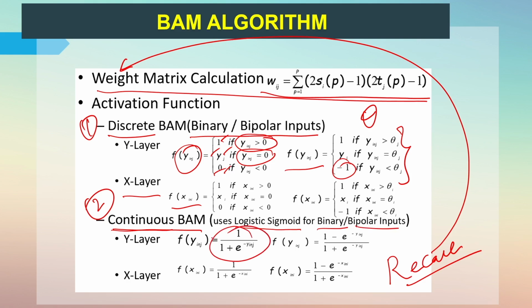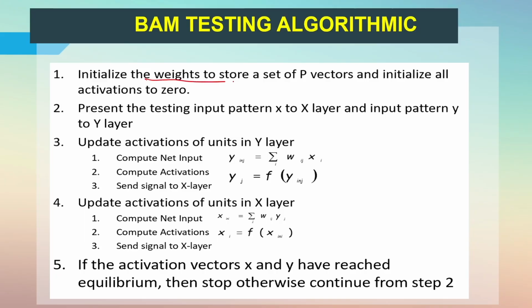This is the expression for the logistic sigmoid: 1 by 1 plus e to the power minus y in j. This function is used as an activation function when you find a variable that is continuous in nature.